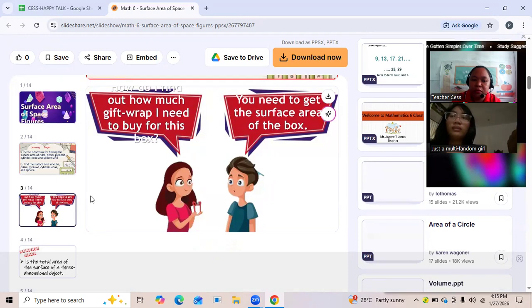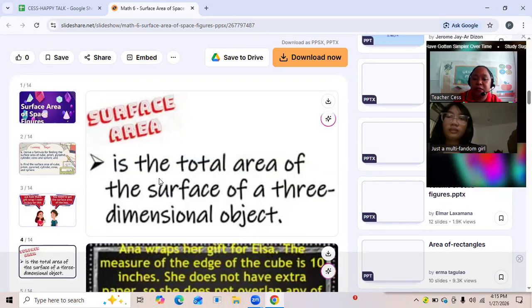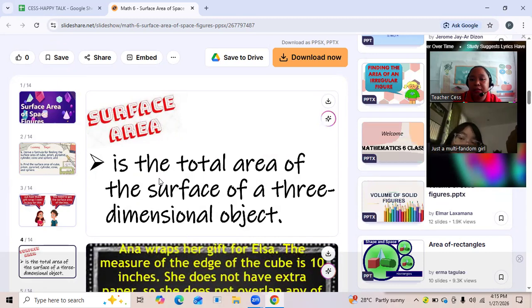Surface area is the total area of the surface of a three-dimensional object. So every solid figure has a total surface. For example, a cylinder has a total surface, the area around the surface of the cylinder.